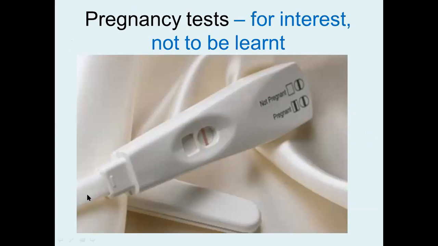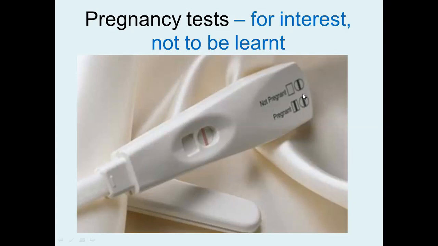And when a female urinates on that absorbent paper, the urine, together with its hormones, is drawn up inside the pregnancy test stick in the paper. And what happens is there are little antibodies in here that respond to the human chorionic gonadotrophin if it is present, and then they would form this second line.